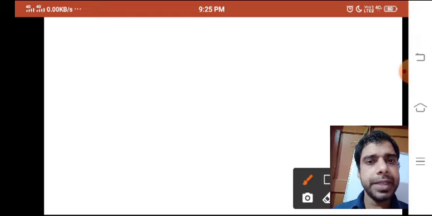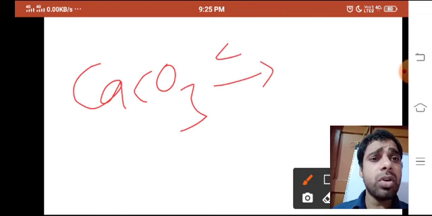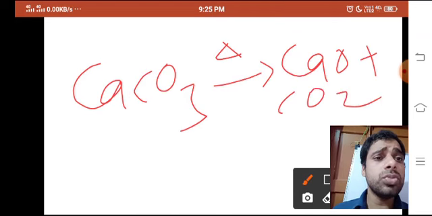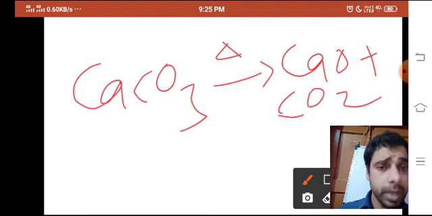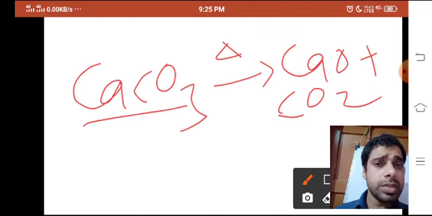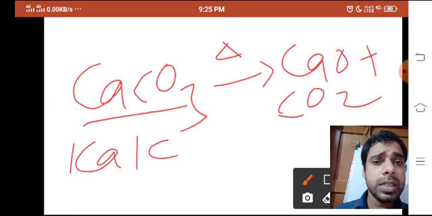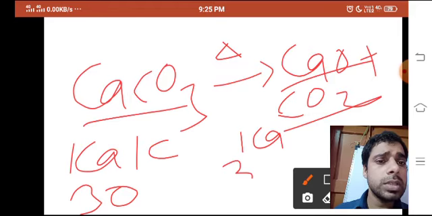If I write here CaCO3, and on heating CaO plus CO2, which postulate explains the law of conservation of mass? In this one, you can see one calcium, one carbon, three oxygen. On the product side, one calcium, one, two, three oxygen, one carbon.